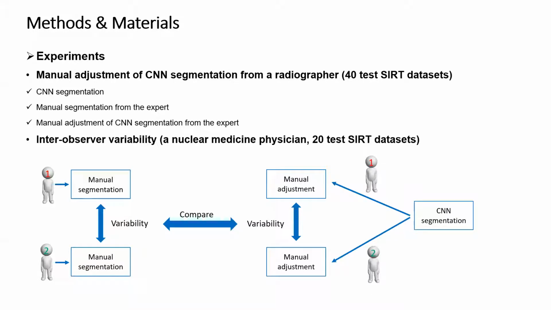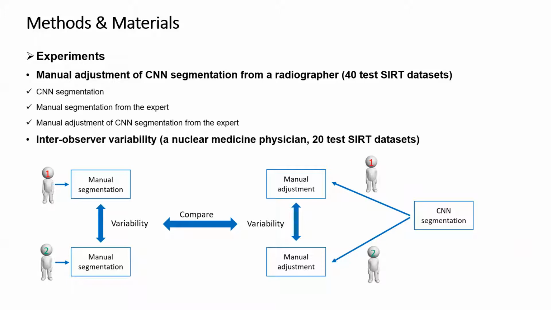Now we go to our experiments. So basically, after we acquire these CNN segmentations, we ask a radiographer to manually adjust the CNN segmentations from the 40 third datasets, and then we compare the CNN segmentations, the manual segmentations from the radiographer, and the manual adjustments of the CNN segmentations from the expert.